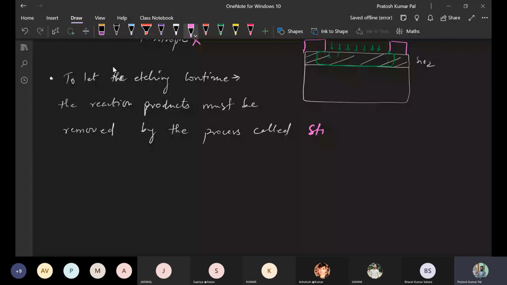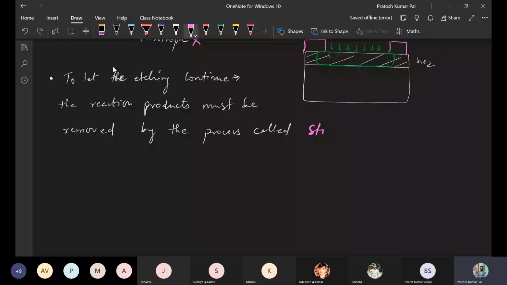Stirring is the process we do to remove the waste, or the product that is available after the chemical reaction.